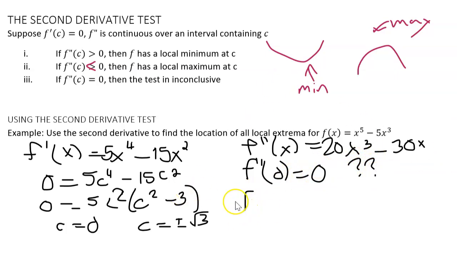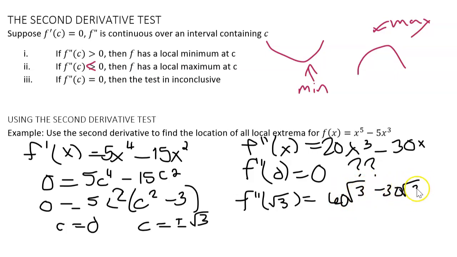Then I'm going to plug in my positive square root of 3, and see if I can do this somewhat in my head. 20 times 3 square root of 3, so that's going to give me 60 square root of 3 minus 30 square root of 3, which is a positive value. And so I know that I have a minimum.